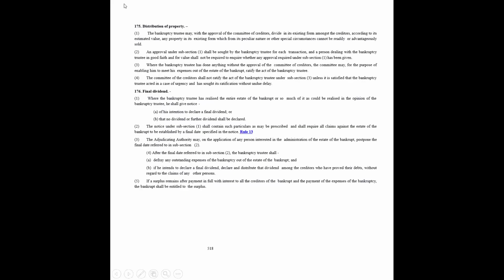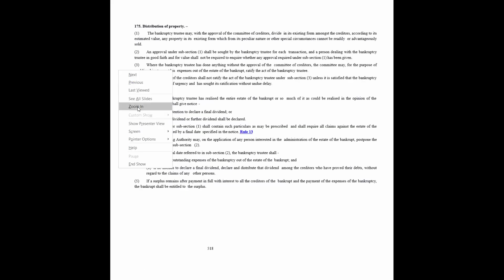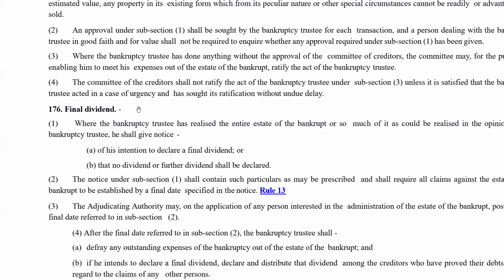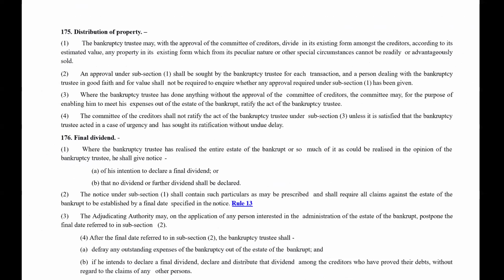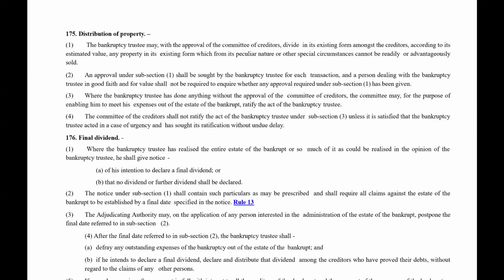Now, distribution of property. 175. The bankruptcy trustee may, with the approval of the committee of creditors, divide in its existing form among the creditors according to its estimated value any property in its existing form. So this he has to do with the approval of the committee of creditors.